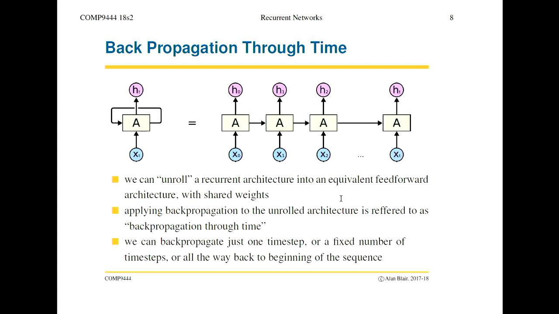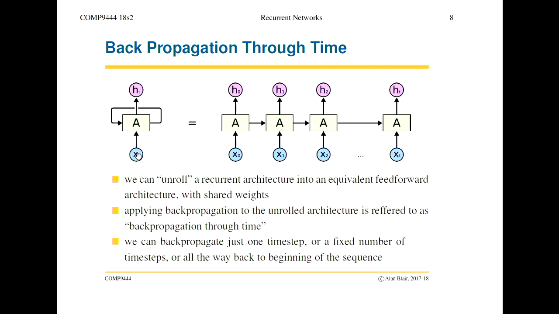Now, this might be a slightly better way of looking at this. Some of these images I've taken from a blog post; I have the reference at the end of the lecture slides. I think this is Christopher Olah's graphics. So if we want to draw it in a more compact form, we could just draw it like this.